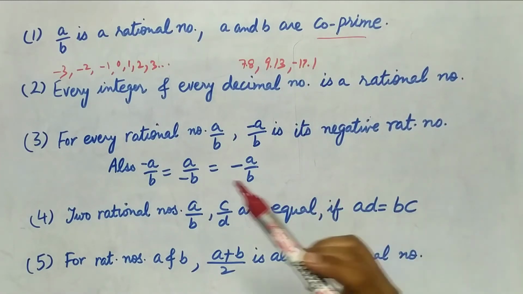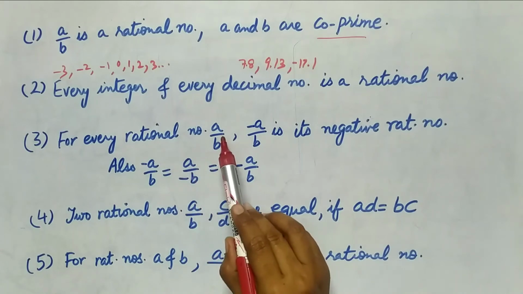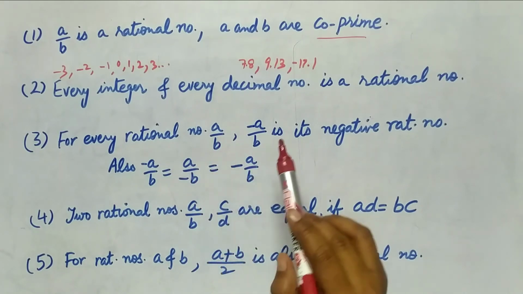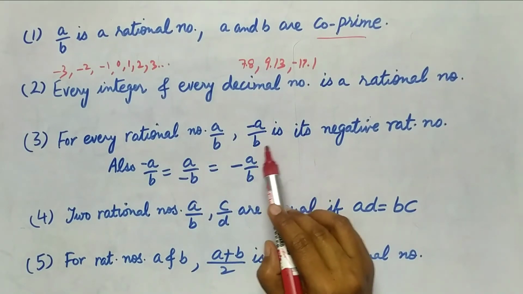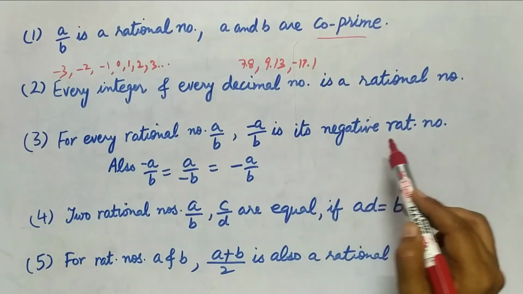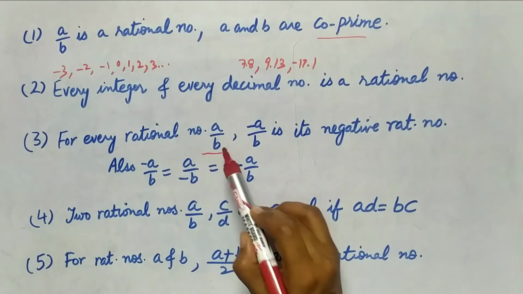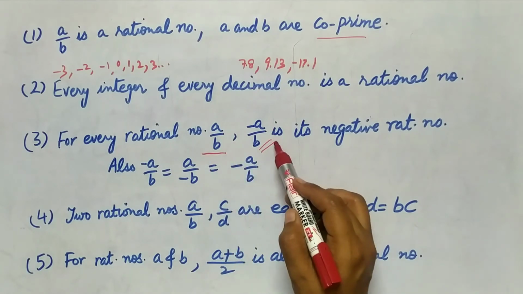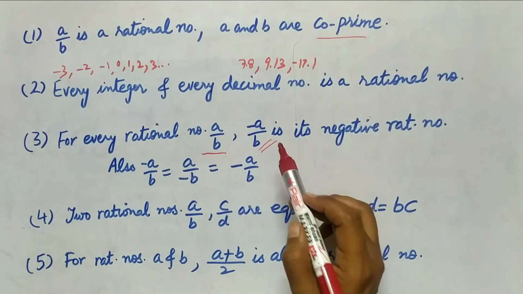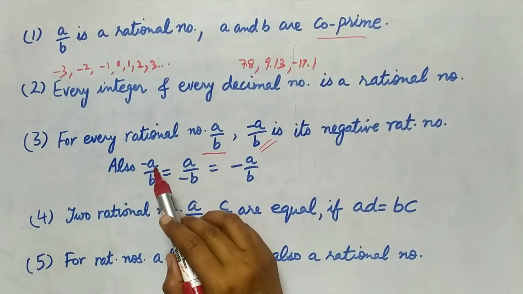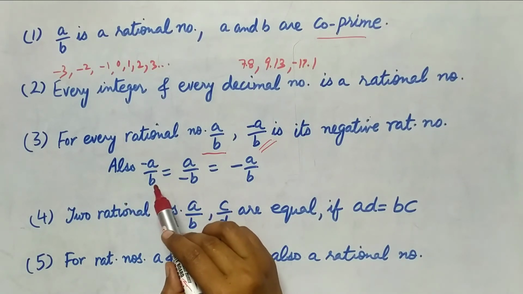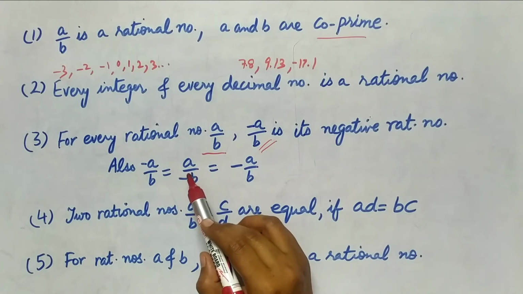Next is, for every rational number a upon b, minus a upon b is its negative rational number. Means every rational number has its negative number. Also we can write minus a upon b as equal to a upon minus b.